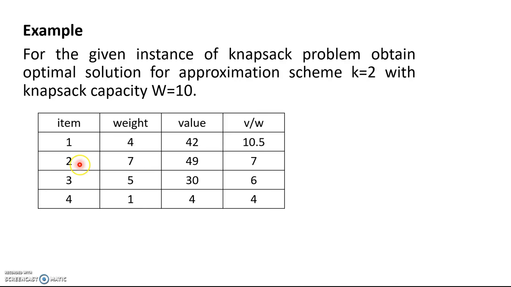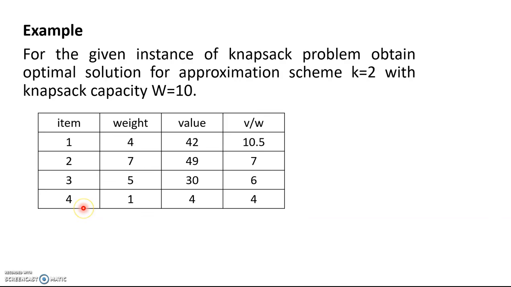Now I am trying to put item 2, but item 2 has weight 7. If you add 7 with 4, it exceeds 10, which is 11, so I couldn't put item 2. I skip item 2 and try to put item 3, which is 5. So the total weight is 4 plus 5, 9, which is within the capacity of my sack, so I can put item 3.